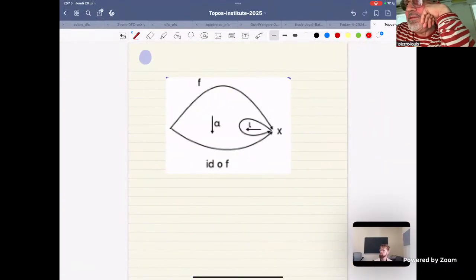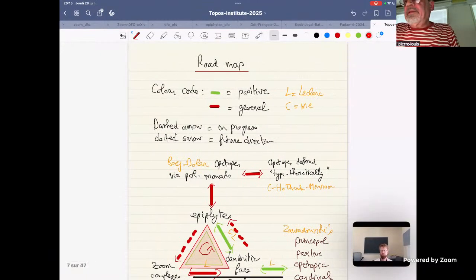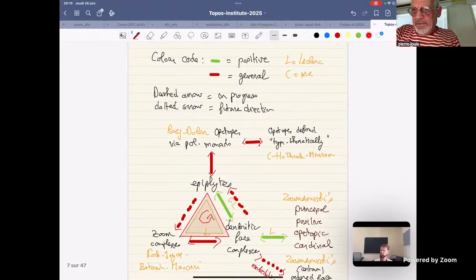So we don't have these looping one-cells, these loops. Actually, we don't have loops in any dimension. We do not accept loops. This makes life slightly easier. So that's what is written in green in these diagrams.